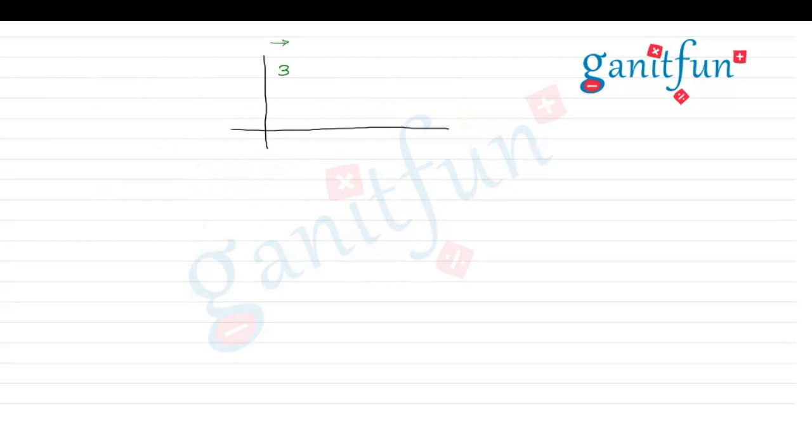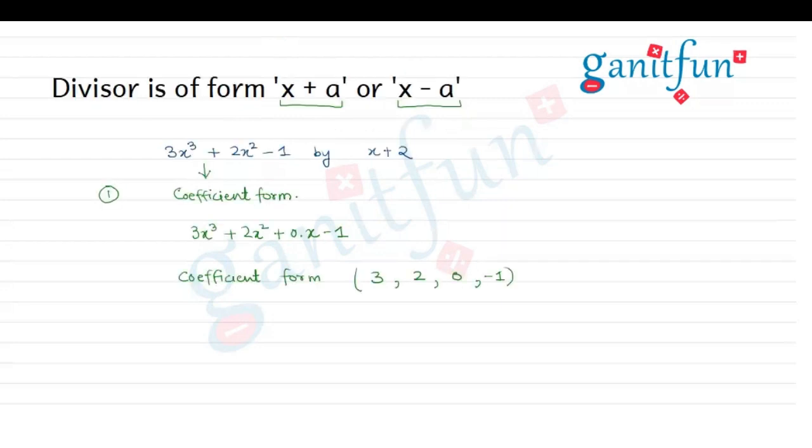Now in this question, we are dividing by x plus 2. The general rule is, if you are dividing by x plus a, then the number which you should use is minus a. I'll tell you where you will put this number.